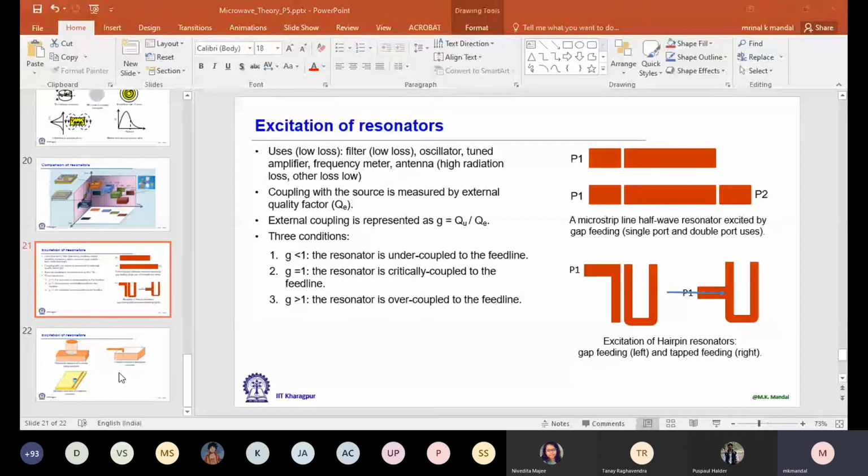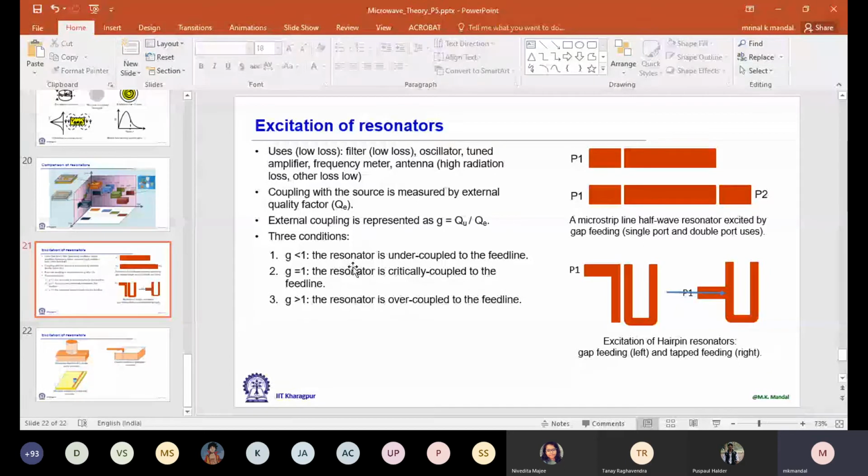Here are some more examples. Okay, my PowerPoint is not working.